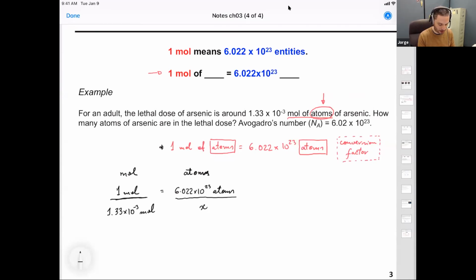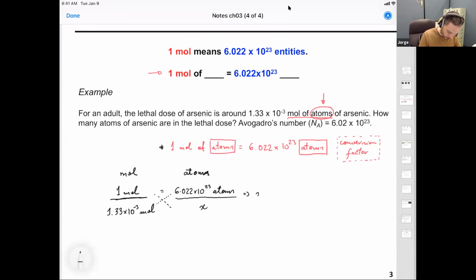That's going to fill up the first line. And then the second line, you always have one piece of information and it's looking for the second one. This is a simple proportion, so let's do a cross multiplication here.